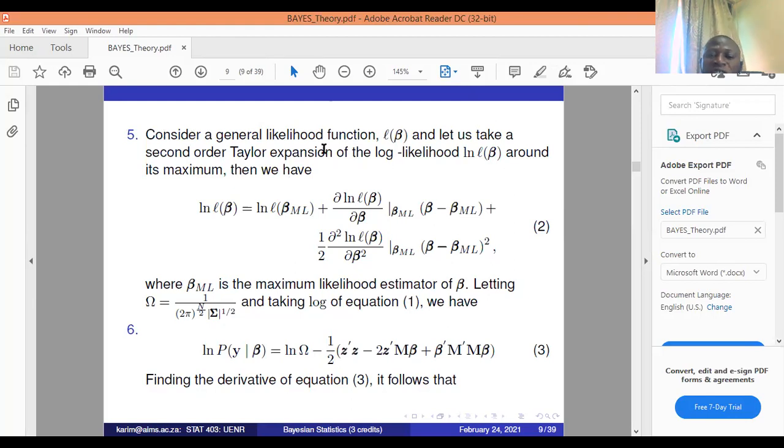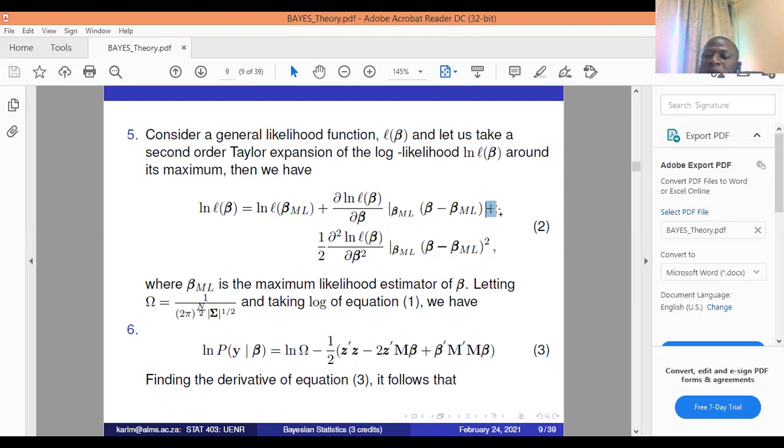Okay, so we consider the general likelihood function, and under the Taylor expansion, we take the natural log of the likelihood. The natural log of the likelihood function of the parameters equals the natural log at the maximum likelihood parameter, plus the derivative of the log-likelihood with respect to the parameter estimates, multiplied by beta, the parameter estimate minus the maximum likelihood parameter.